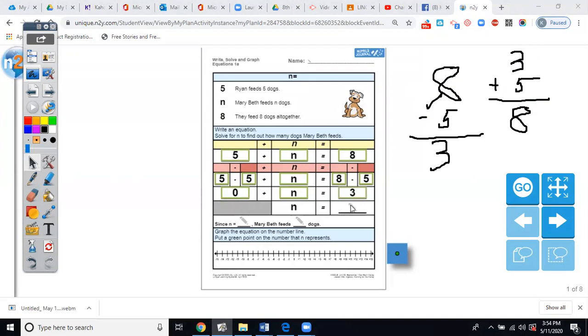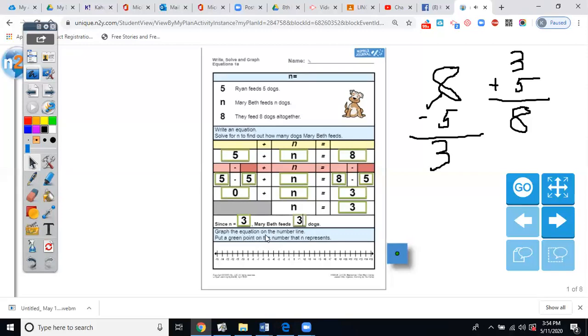Okay. So, number of dogs that Mary Beth feeds, we won't say n anymore, because now we know that number is 3. So n, the dogs that Mary Beth feeds, equals 3. Since n equals 3, Mary Beth feeds 3 dogs.